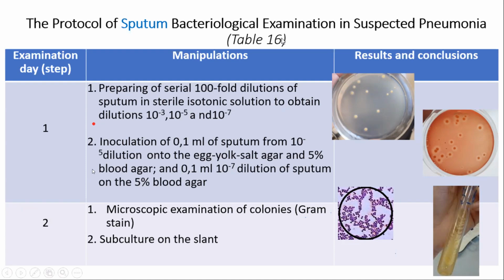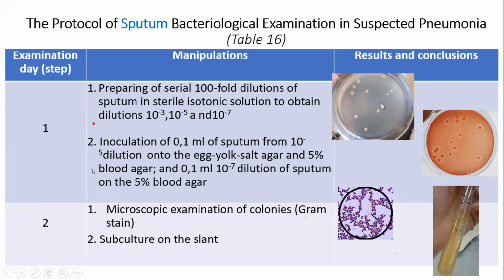It's table 16, lesson 8, basic concepts, clinical microbiology. Well, so our plates were inoculated with 0.1 milliliter of sputum, diluted 10 to the power minus 5, minus 7, as we discussed already, right?